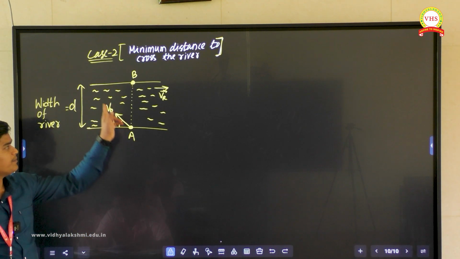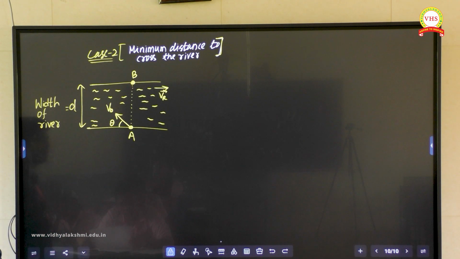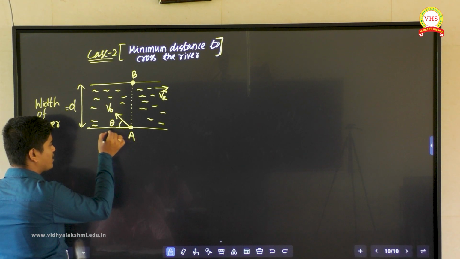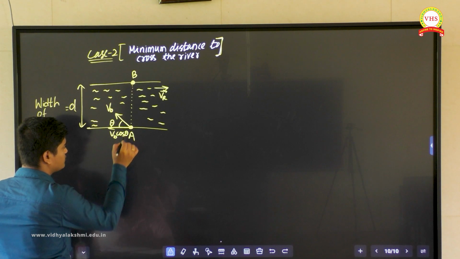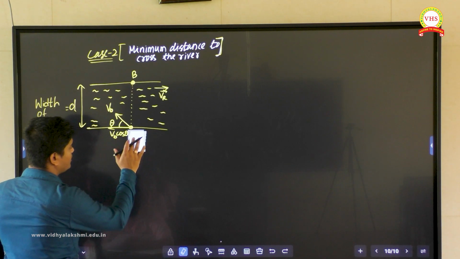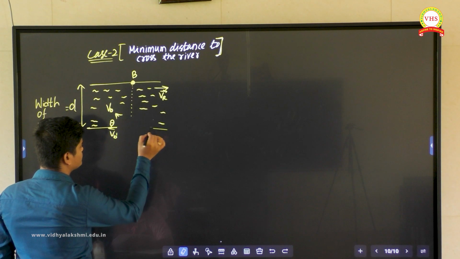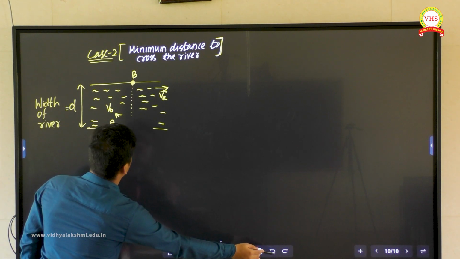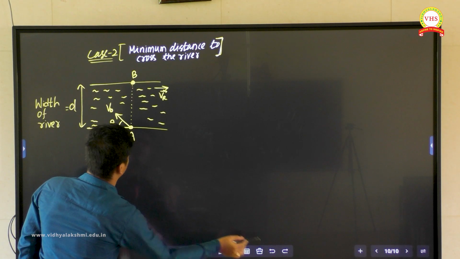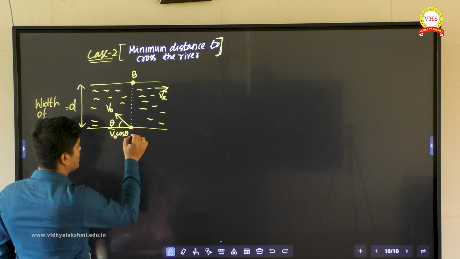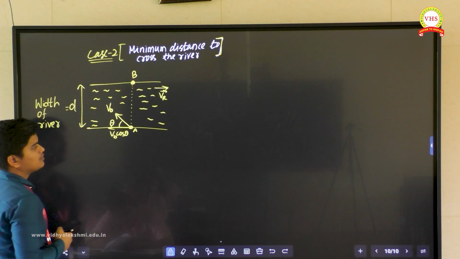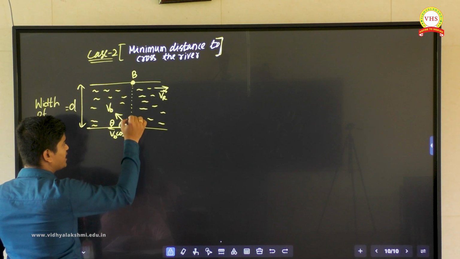Now this VB boat velocity, tell me how many components it has. One component in this direction: this will be VB cos theta. Yes or no? Now one component will be in this direction.